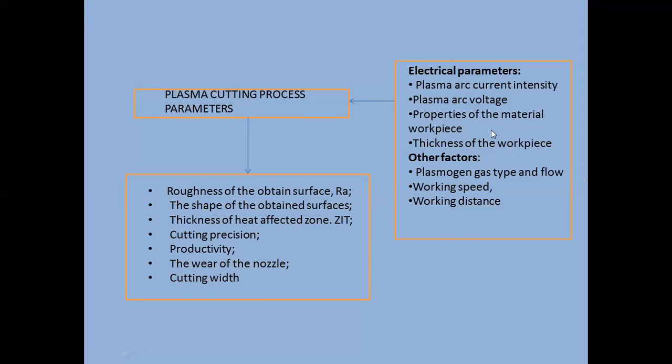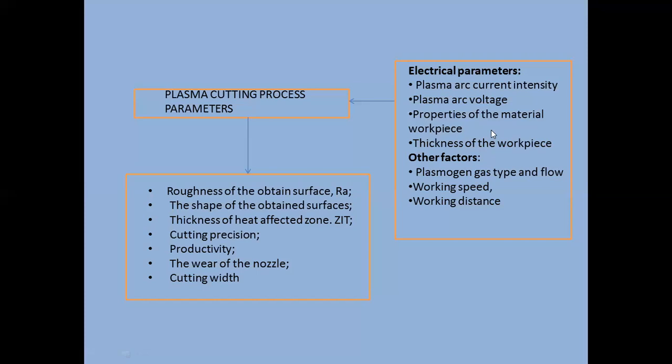See, if we want an intensity of 100, for that, what is the voltage to be given? On what type of workpiece material is this 100 intensity to be applied? How far is it capable of cutting that hard material or soft material? Based on all these parameters, and how thick the workpiece is.